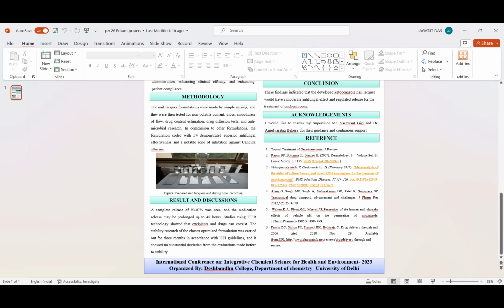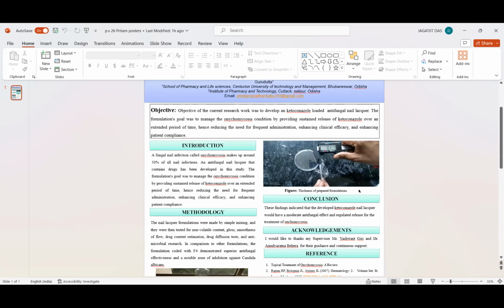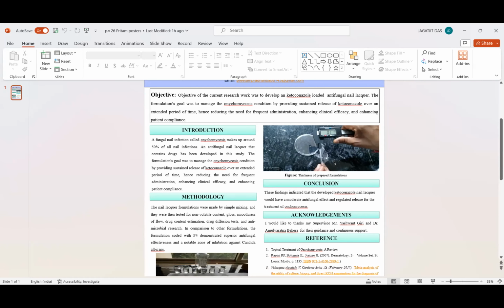Here, in the petri dish, we have taken the drug. The thickness was seen in the formulation part, along with the drug content and the antifungal activity in the petri dish.